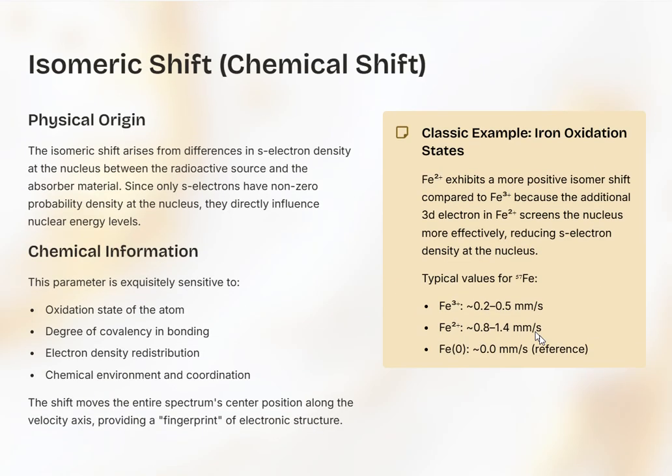Now, isomeric shift. As we have seen chemical shift in NMR, isomeric shift is similar to that. The major important point you should remember here is that Mossbauer spectroscopy is limited to certain nuclei.